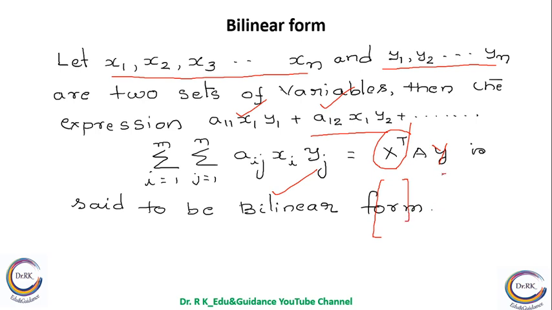Similarly, Y is a column matrix consisting of all the y variables y1, y2, y3, and so on, yn. And A is a matrix consisting of the coefficients aij. This is the bilinear form.